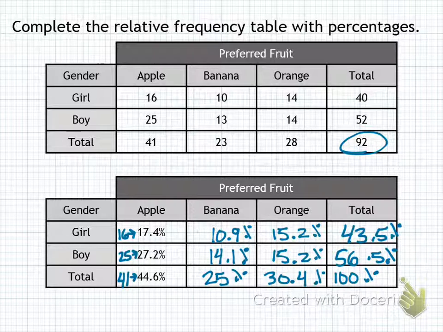Okay, and then same thing with all of these. So the total here I could get by adding 17.4, 10.9, and 15.2. Or I could just do 40 divided by 92 and move over the decimal. Same thing with 52. I could do 52 divided by 92, or I could add all of these together. The 27.2, 14.1, and 15.2.